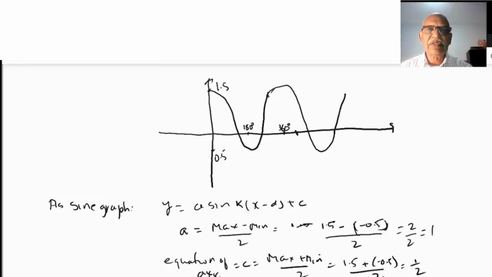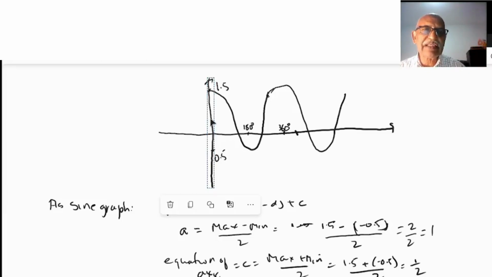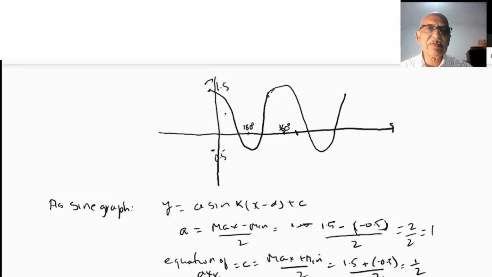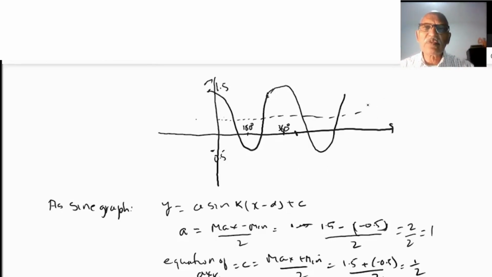Okay, now we have the equation of axis. Equation of axis means the middle line, which is here. The middle line is y equal to c, or y equal to 0.5.